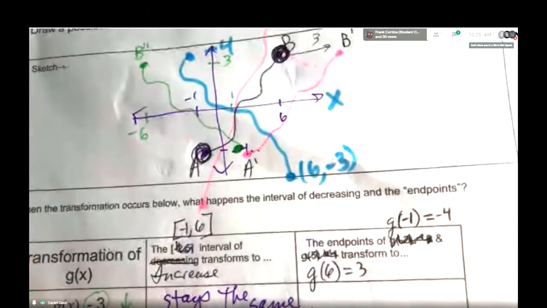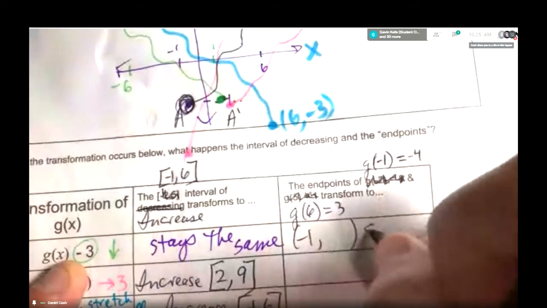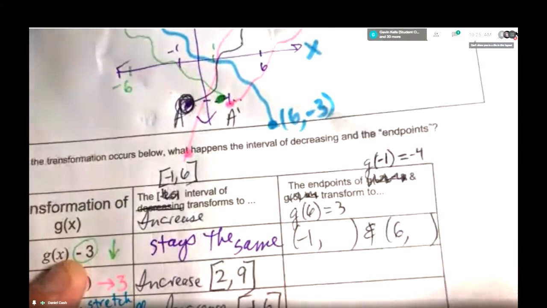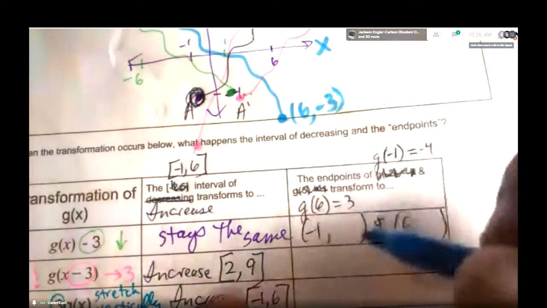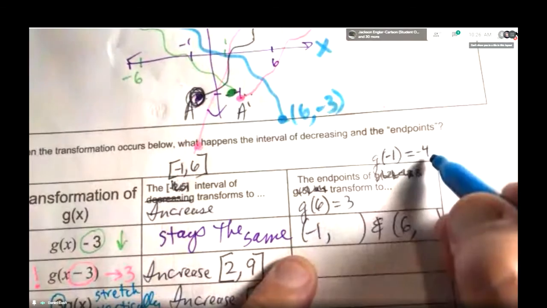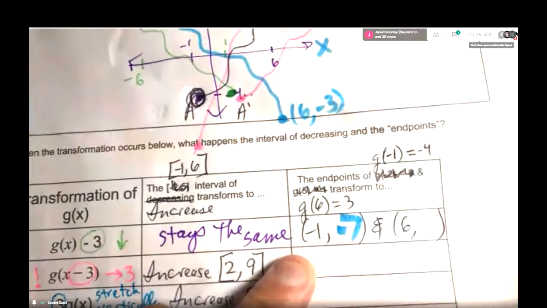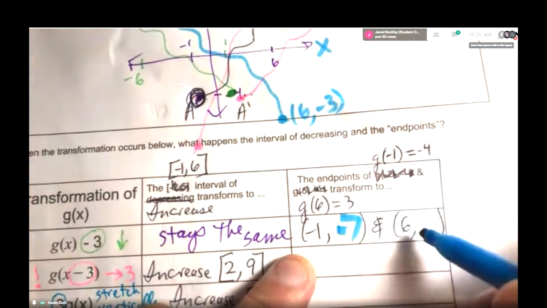So all I have to do is affect the y values. So this is going to move from -1 and 6. The x values didn't change. But what happens is the y values change. So this -4 is going to move down to -7. And this 3 value here is going to move down to 0.